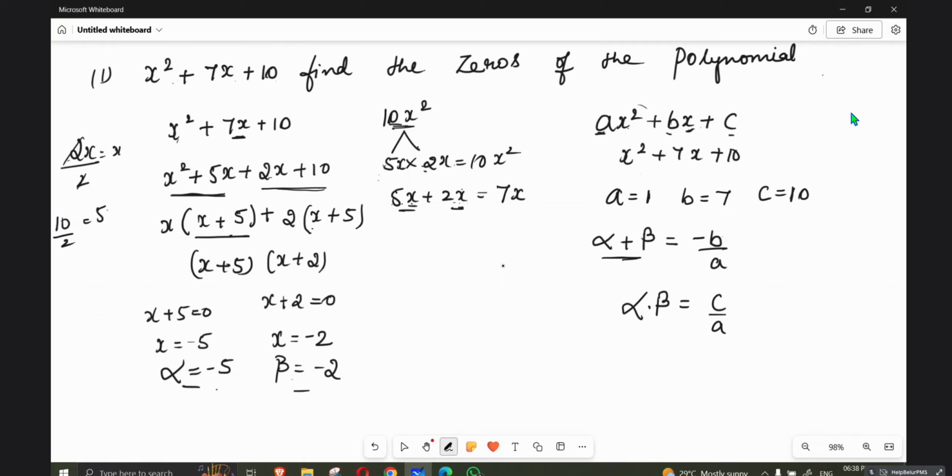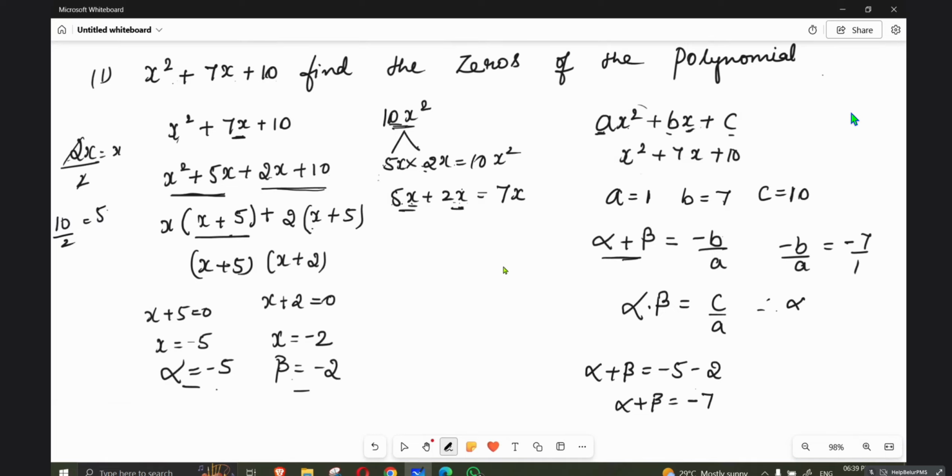Alpha is -5, beta is -2. So alpha plus beta is -5 - 2, which is -7. Okay, so -b/a will be what? -7/1.